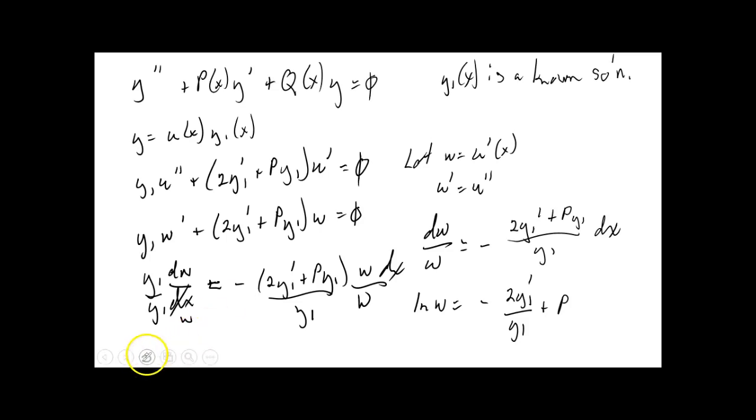Let's go on and make that a minus p. I want to make sure the book did. It seemed like it should have. dx. We just divided out the minus y1 there.